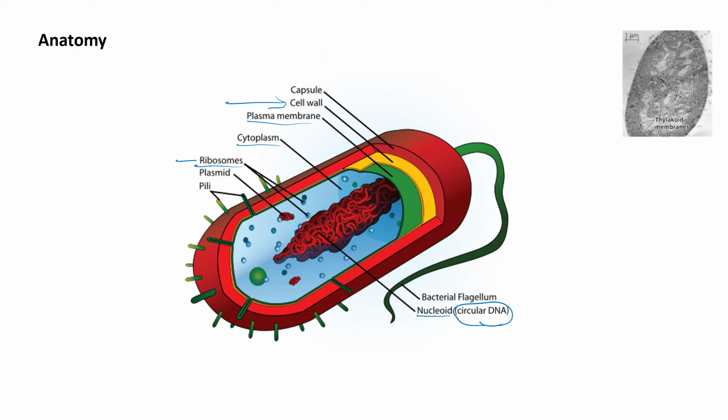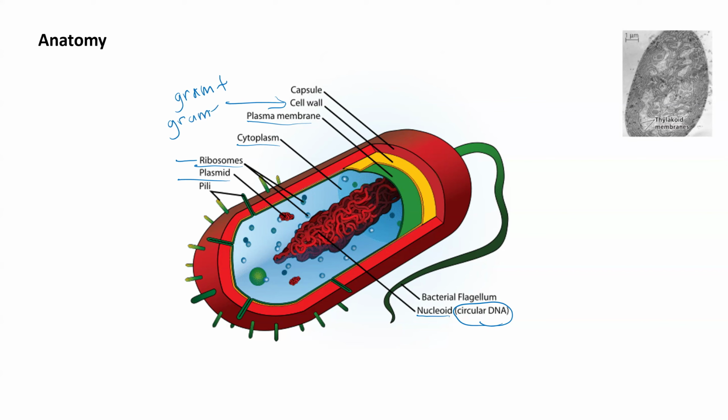In addition to this circular DNA, they have what are called plasmids. Plasmids are smaller ring-shaped pieces of genetic material, and those can be exchanged between bacteria. In addition, bacteria have a cell wall, and we talked about gram-positive and gram-negative.